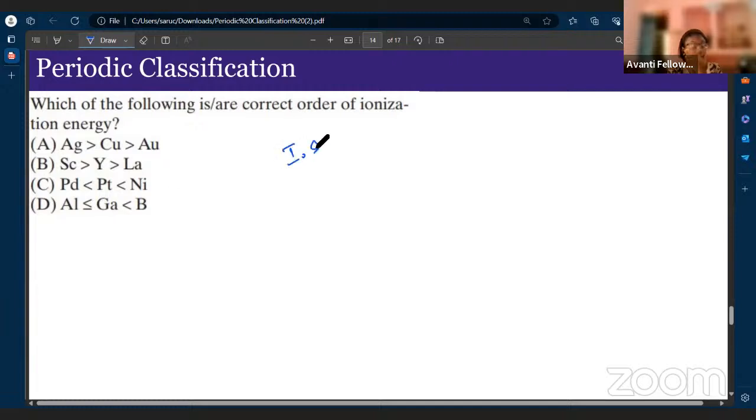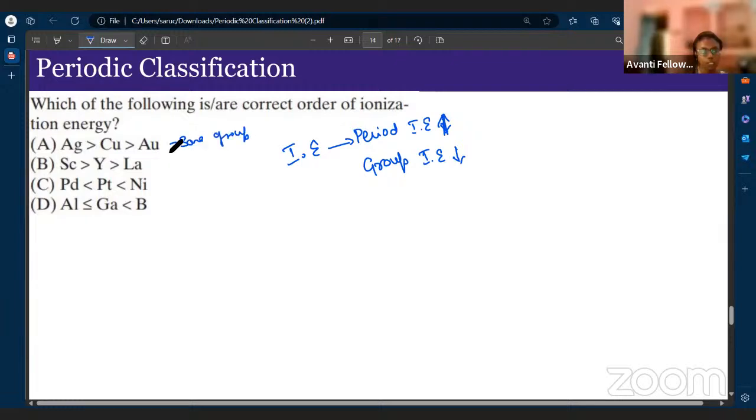So when you move along the period, ionization energy increases, and down the group, ionization energy decreases. Here, copper, silver, and gold belong to the same group. So everything here belongs to the same group, and the ionization energy should decrease when you move down the group. So which is the correct order of ionization energy?